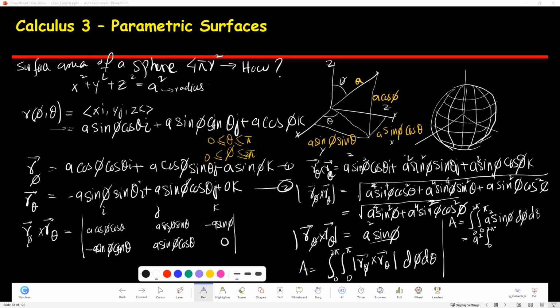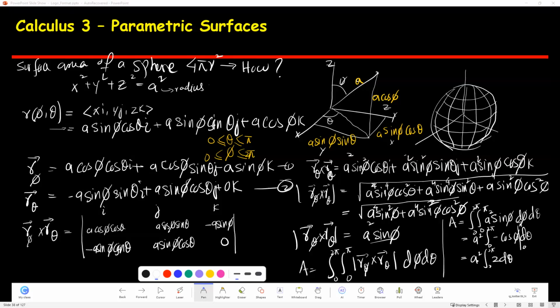and 0 to 2 pi, and then if I take the integral, it's going to be minus cos phi d theta, and the limits are pi and 0. When you substitute the values, it's going to be A square, 0 to 2 pi, and it's going to be cos pi minus cos 0, so it's just 2. 1 plus 1 is going to be 2, d theta.